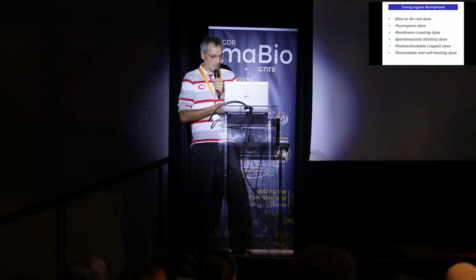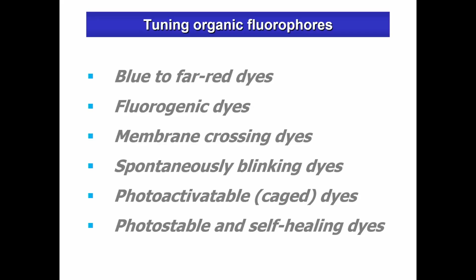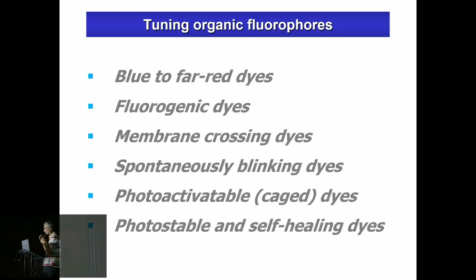Otherwise, they don't produce any background fluorescence. Dyes that are compatible with living cells, able to cross membranes. Dyes that spontaneously blink, so they don't necessarily need a special buffer, like a STORM buffer. And this is very nice for performing SMLM, possibly in living cells.